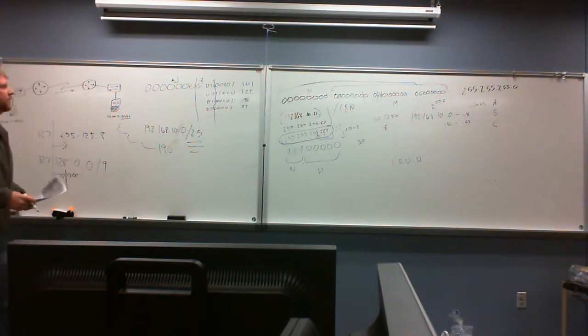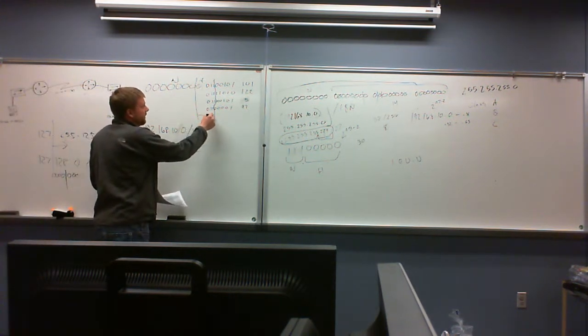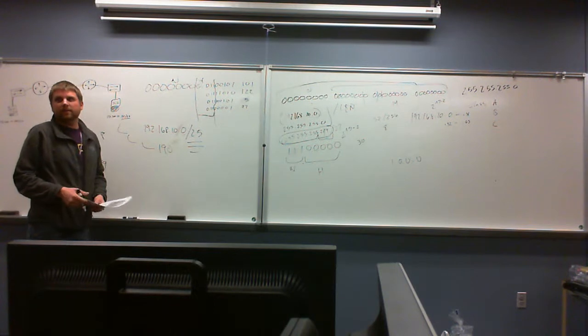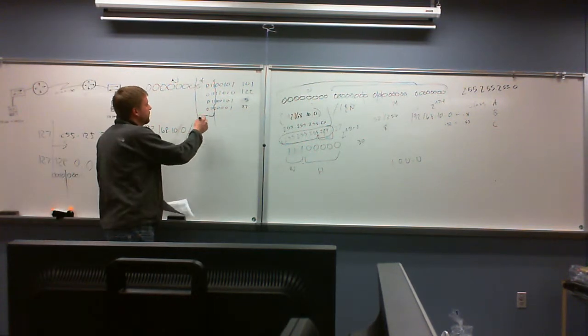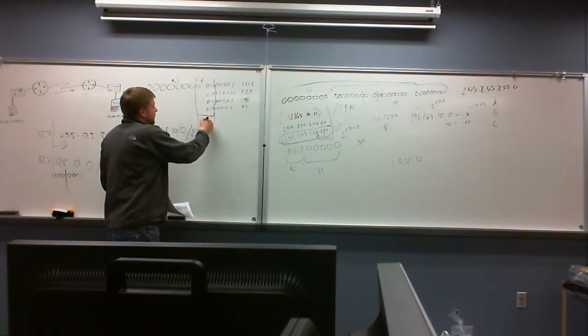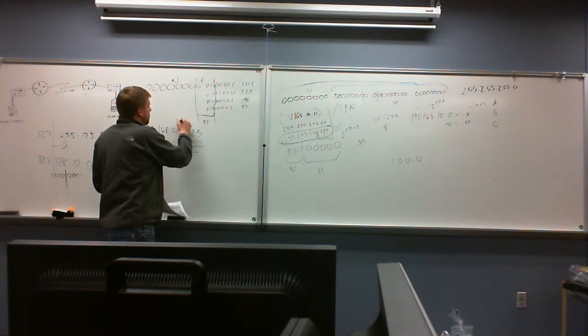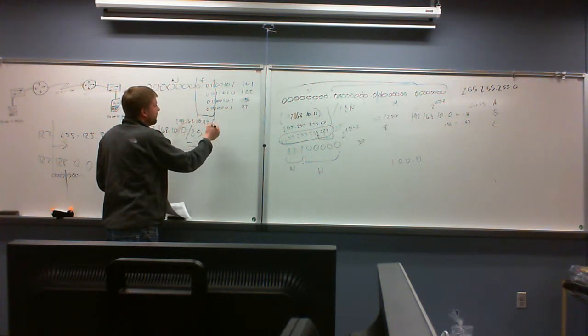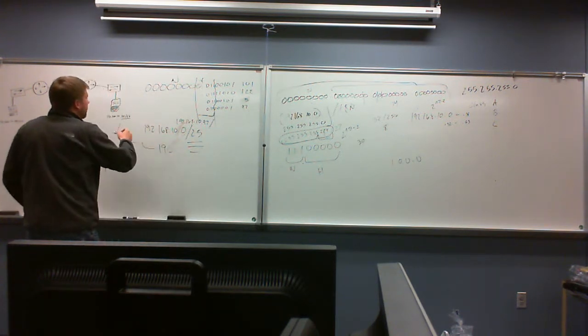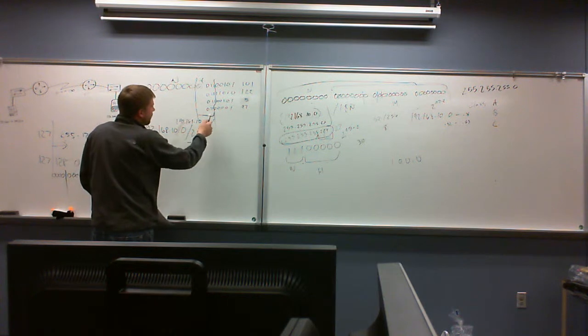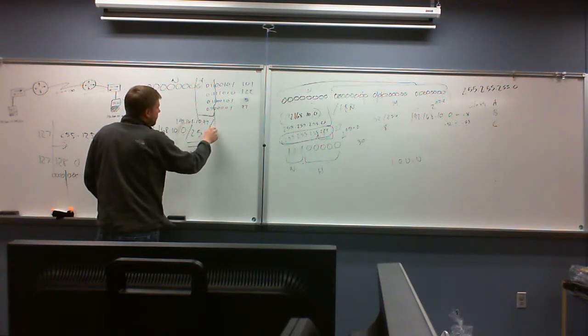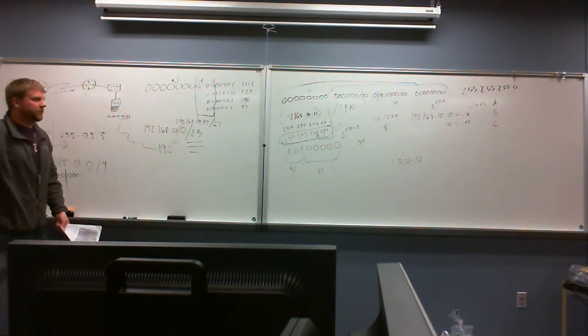And now you summarize based on these bits, because those are the matching bits. So your summary address would be 192.168.10.97 /27, now you're sharing 24, 25, 26, 27 bits. So that would be your shared address.